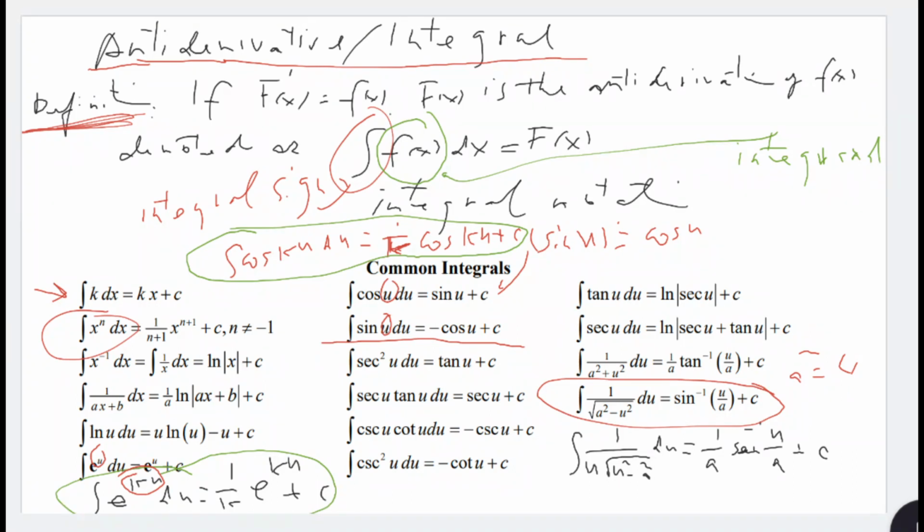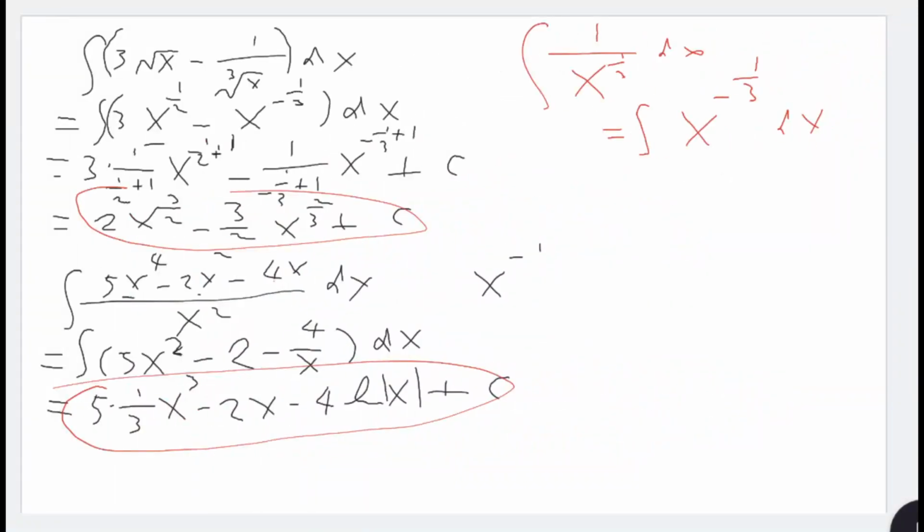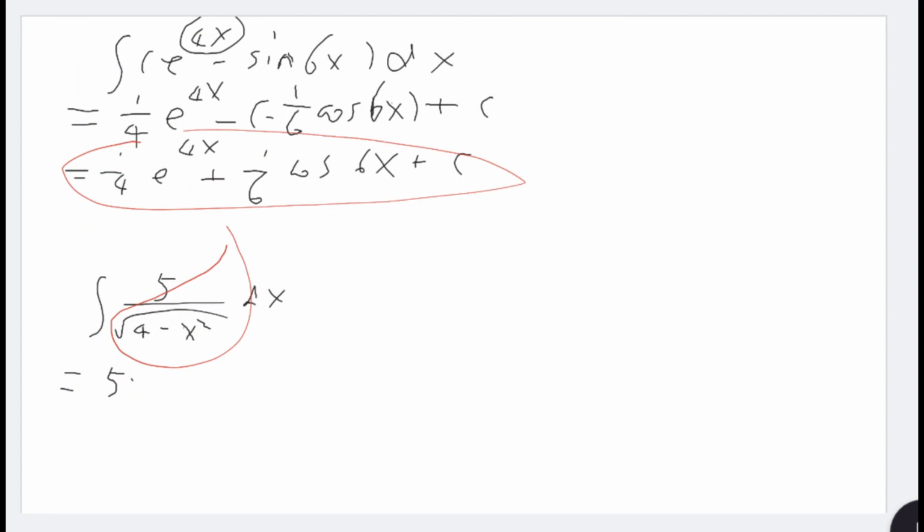So the answer is inverse sine u over 2, because a squared is 4, therefore a is 2. With this formula, we see it's going to be inverse sine x over 2 plus c. All right, just apply the formula directly.